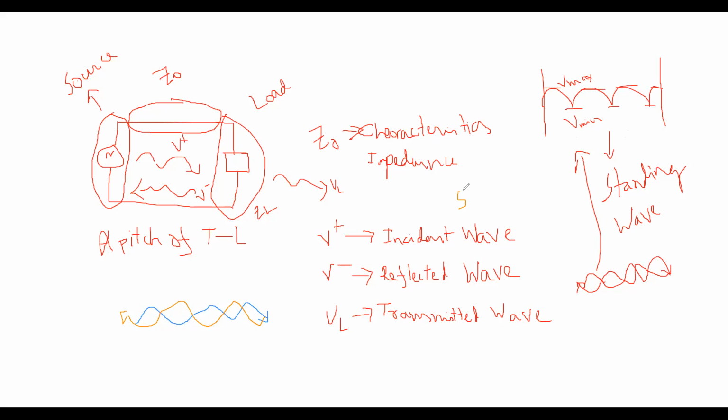S is equal to VSWR, which is the voltage standing wave ratio. You can write it like this: V max divided by V min. S is the voltage standing wave ratio, VSWR.